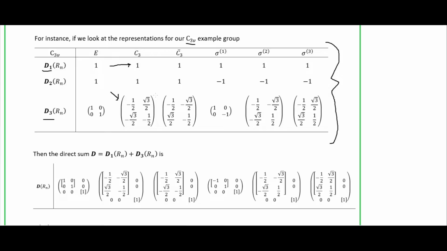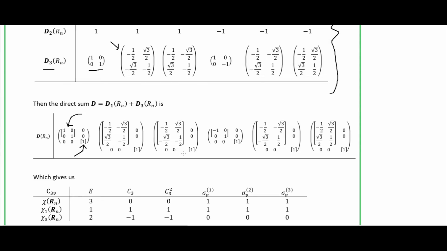For instance, with this one we have this 1 here and then this 1 on the diagonal here, so we now have that right there and that right there. And that's what we're doing when we do the direct sum. We do that for each one of these symmetry operations.